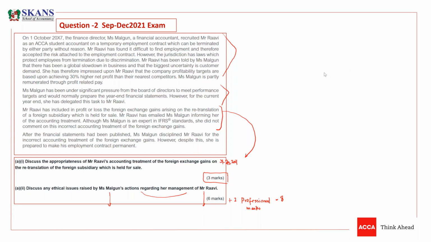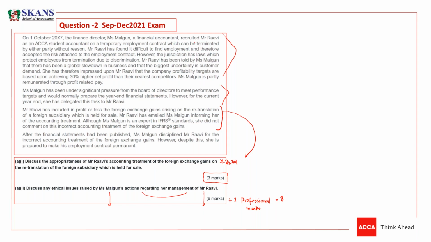Listen carefully, guys. On 1st October 2007, our finance director, Miss Malgan, a financial accountant, recruited Mr. Ravi as an ACCA student accountant on a temporary employment contract, which can be terminated by either party without reason.